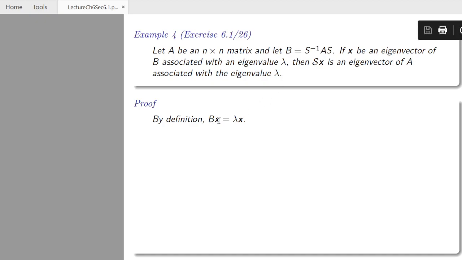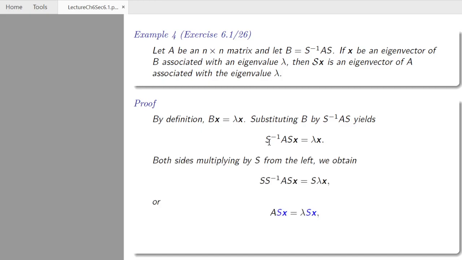So we get S inverse times A times S, that's B, times x equal to lambda x. And then on both sides we multiply by S from the left. Then we get S times S inverse A times Sx equal to S times lambda x.